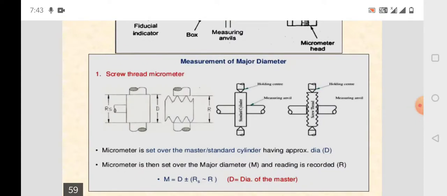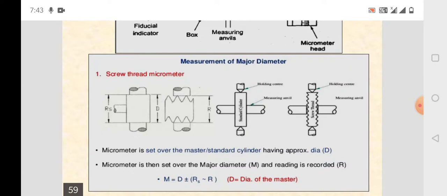Before directly checking the diameter of this threaded screw, we have to check the diameter of a standard cylinder of the same size. The anvils are kept in contact with this cylinder, which has no thread.